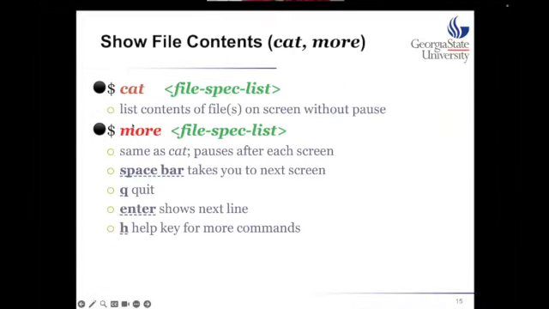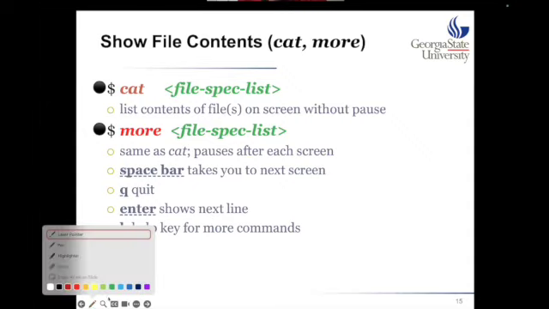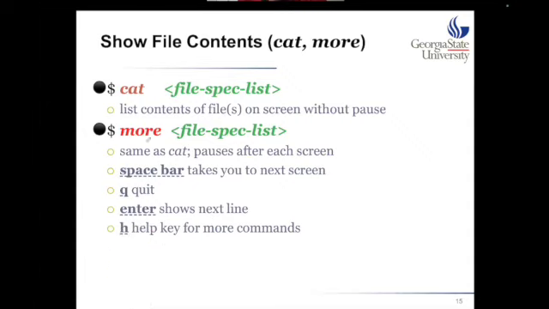Now let's move to the next one. We will now learn about what? Cat command. We have already seen the function of cat command, which usually displays the contents of a file.